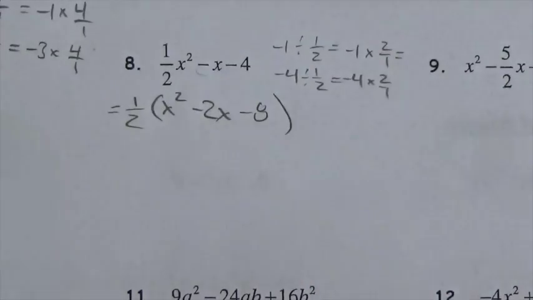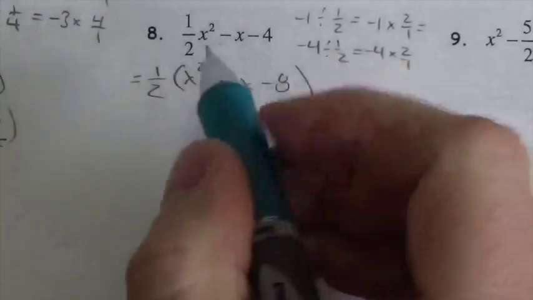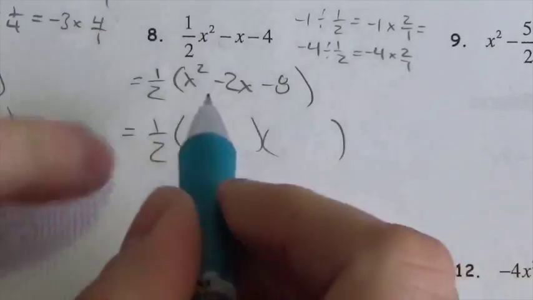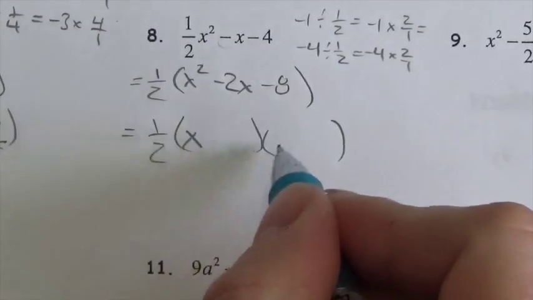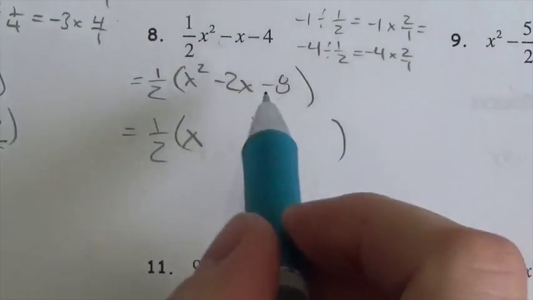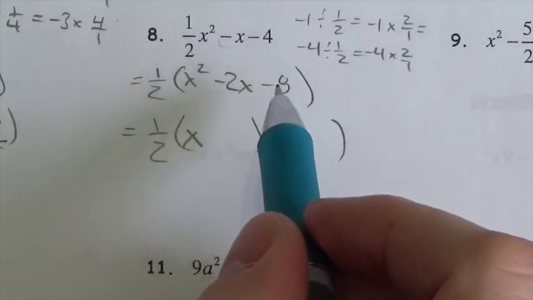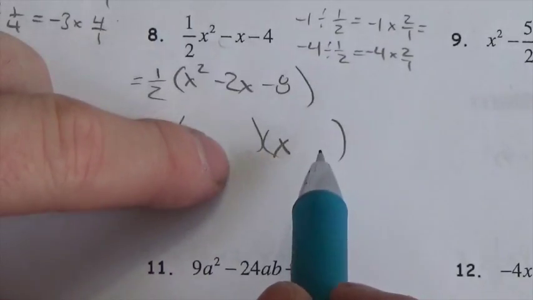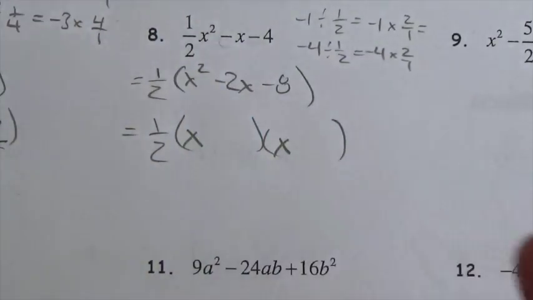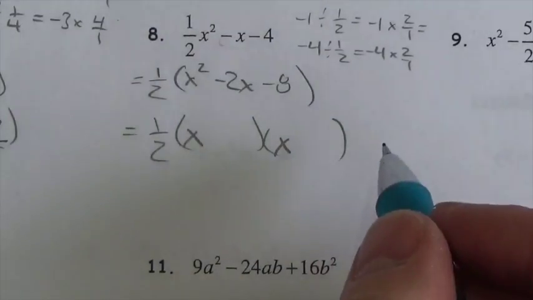All right, now I'm going to break this into two binomials. X squared breaks apart into x and x, so it's really just the negative 8 that I've got to play with. That product there is negative, meaning the two values here are going to have different signs, and because the middle term here is negative, I know that the larger is going to be the negative one.